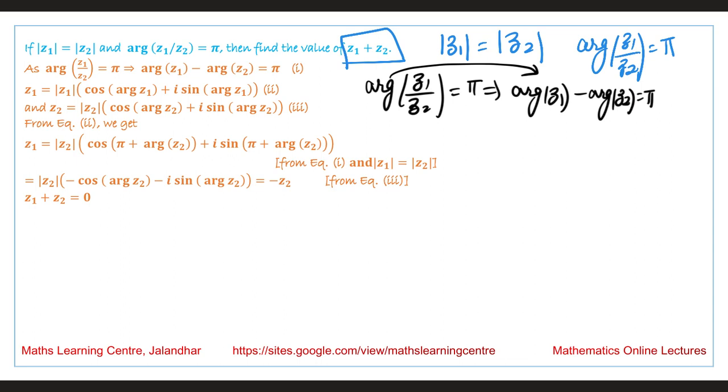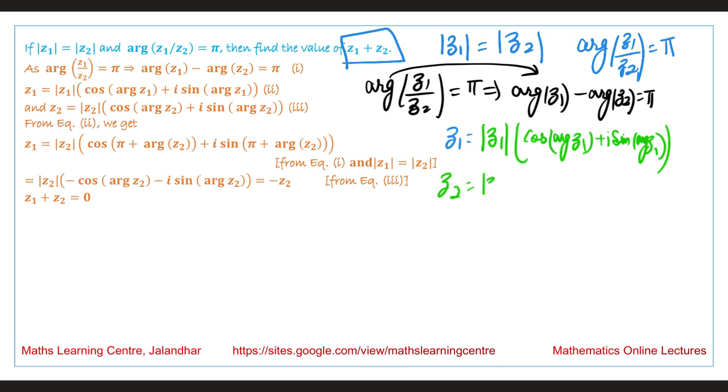So if we write the value of z1 in polar form, it is mod of z1 into cos of argument of z1 plus iota sine of argument of z1. And similarly we have z2 is equal to mod of z2 into cos of argument of z2 plus iota sine of argument of z2.